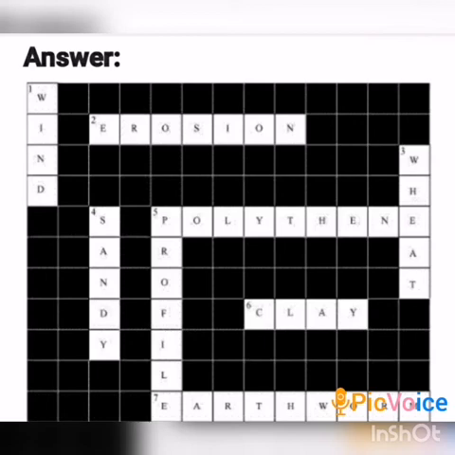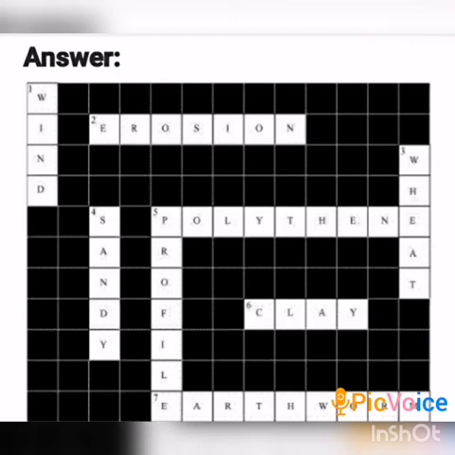What is the living organism which is useful for the soil? Earthworm. And also it is a friend for the farmers. The answer for the 7th one is earthworm.